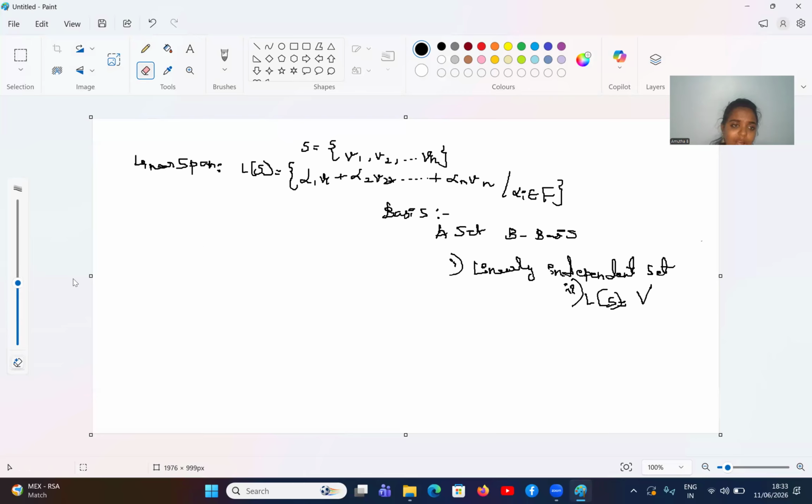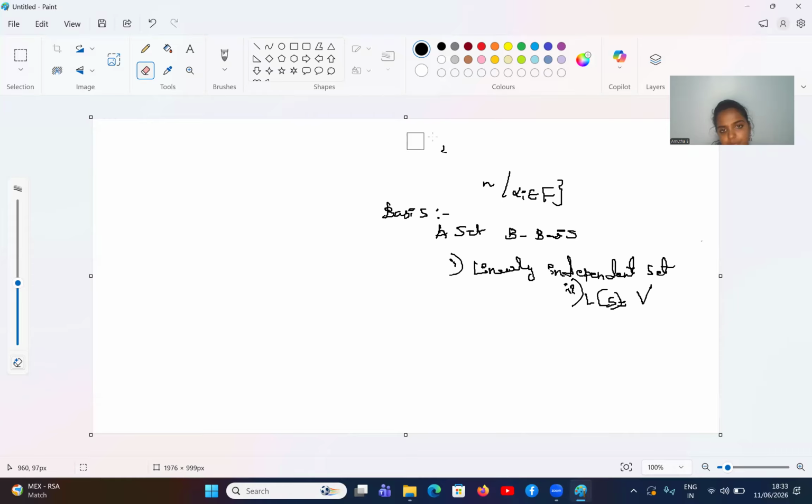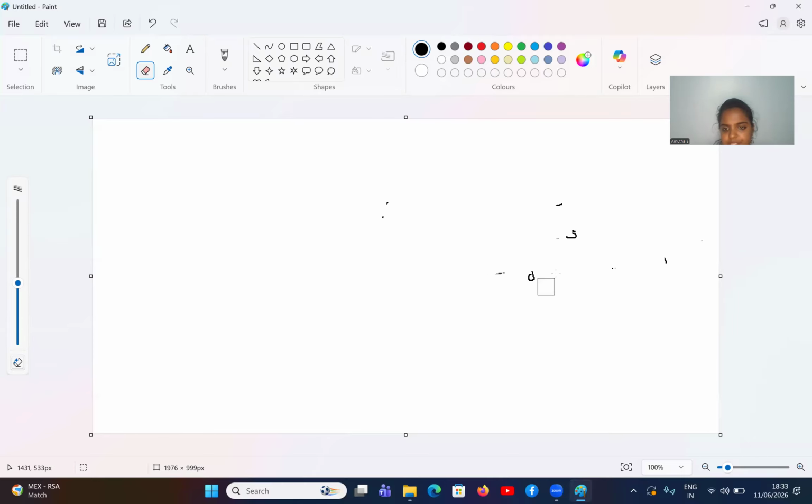So now I'm going to give examples. We have studied three concepts theoretically. Now we will see some examples of that. First, an example of a linearly independent set.